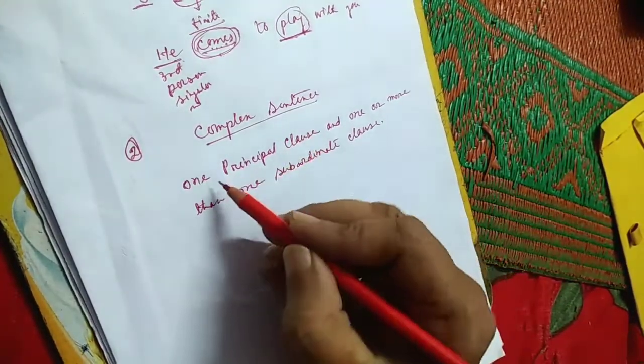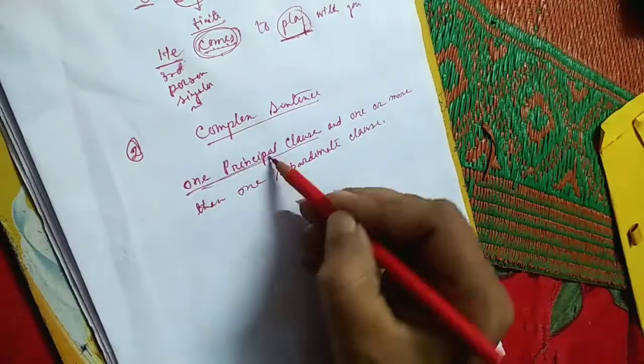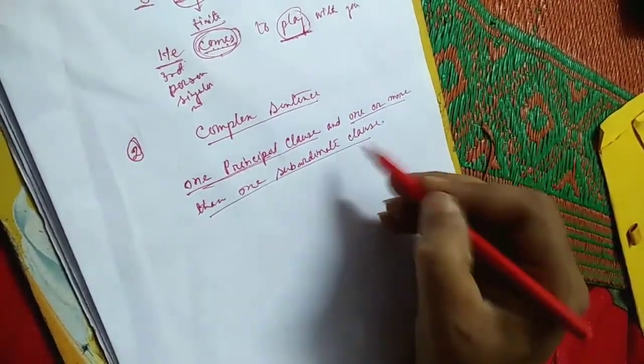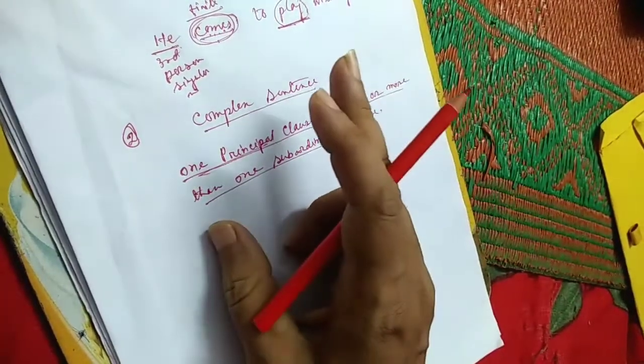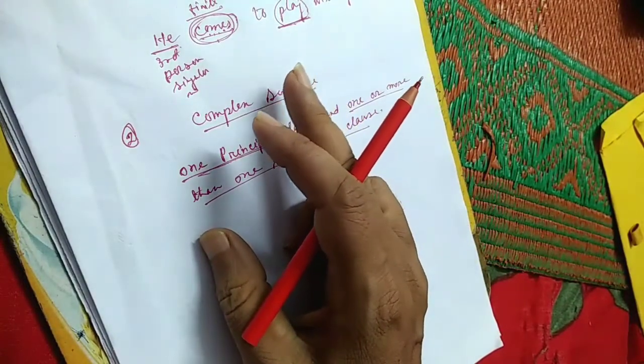If in a sentence there are one principal clause and one or more than one subordinate clause, the sentence will be called a complex sentence.